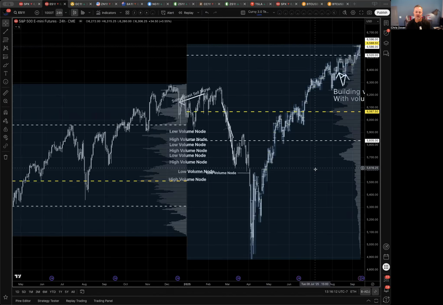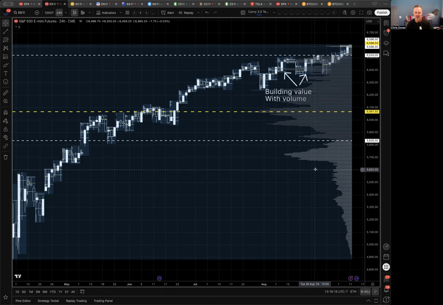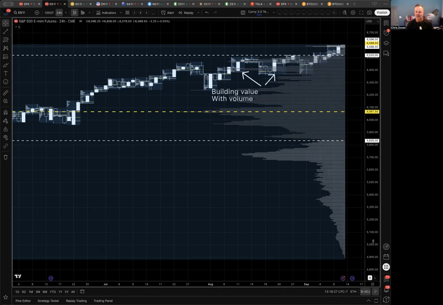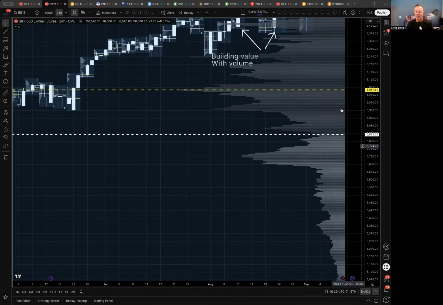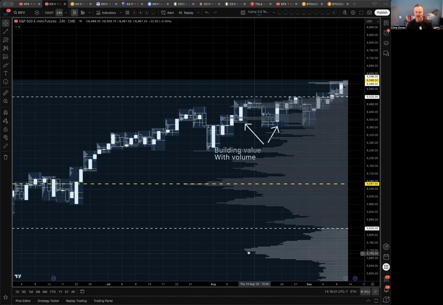What I have on here is the volume profile of 2025, meaning this histogram on the side represents the volume traded of the contract and the levels that it was traded at. Where there's high volume, you can see this is a high volume area. Here at 58.35 is a low volume area.